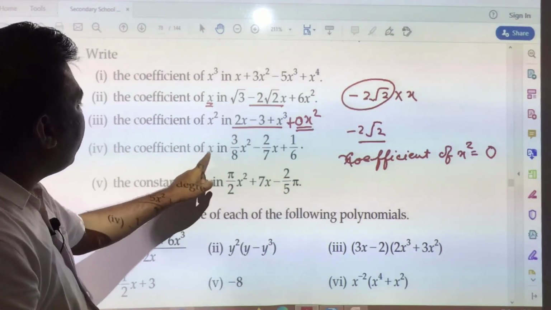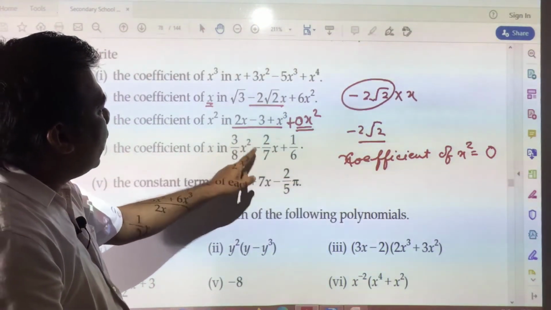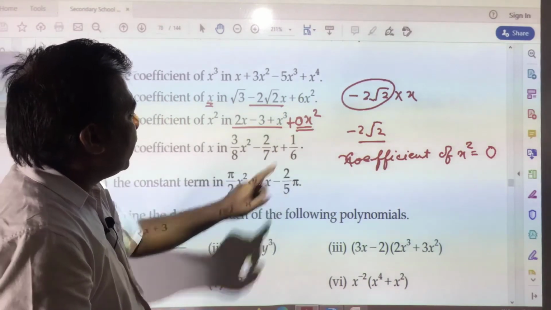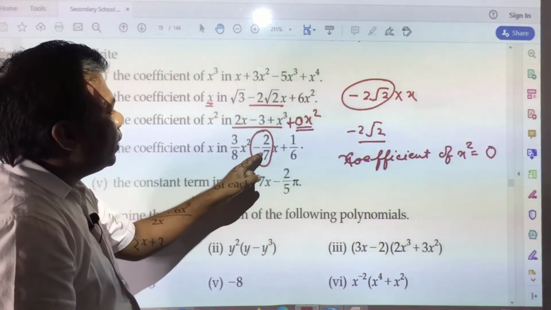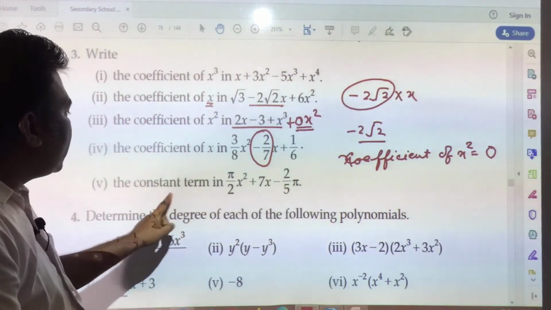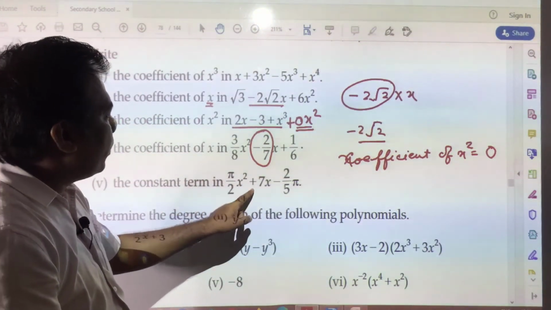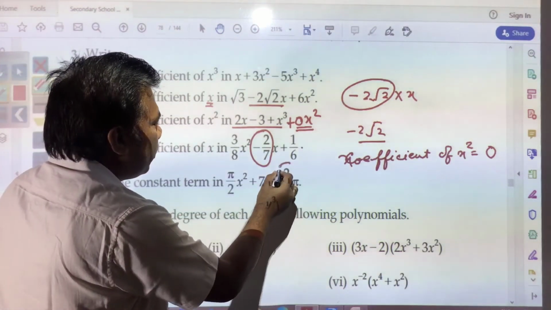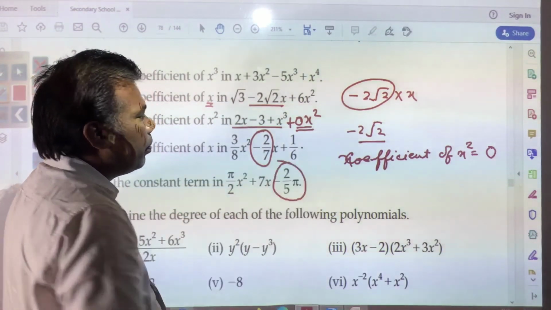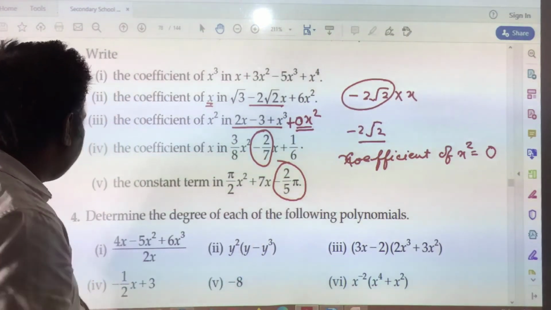The coefficient of x in 3 by 8 x square minus 2 by 7 x plus 1 by 6: here the coefficient of x is minus 2 by 7. The constant term in pi by 2 x square plus 7 x minus 2 by 5 pi: your constant term is minus 2 by 5 pi, and this will be your answer.